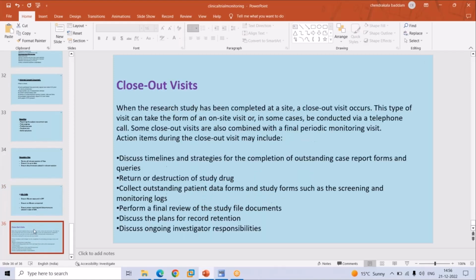So these are all monitoring visits, routine visits, interim visits. During the conduct of the trial, at the defined intervals, the monitor will visit the site and check all these points. Then we will have closeout visits.